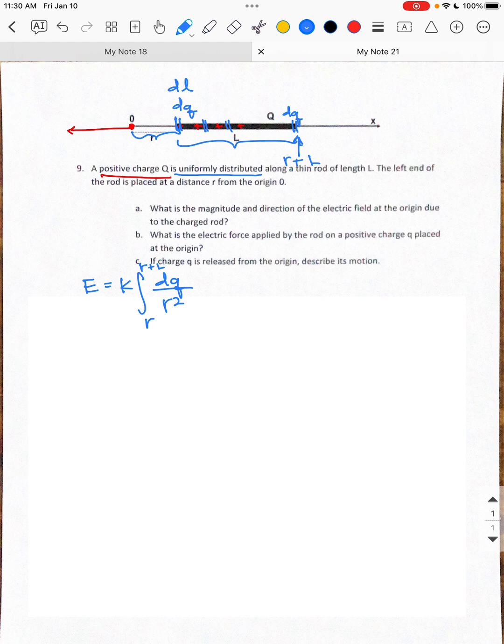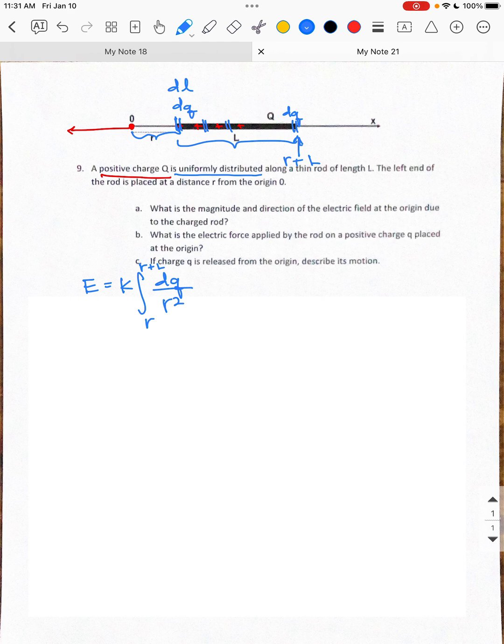The thing that we want to think about next is what variable is changing. Well, we know that dq is increasing as we add all the dq's together, but that piece of dq stays pretty constant. What we also know is that the pieces of length, as we add them together, are also changing.